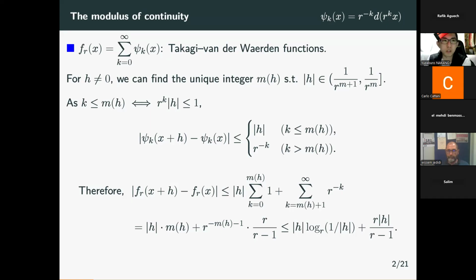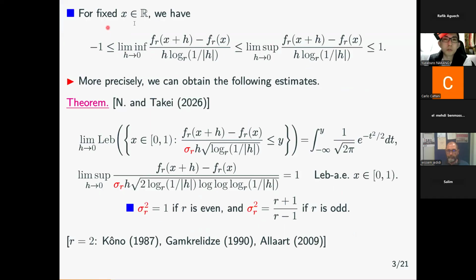And from these calculations, for fixed x, the increments of f_r are evaluated by this inequality. The increments of f divided by h log_r of 1 over the absolute value of h, and the limit superior of this term is between -1 and 1.